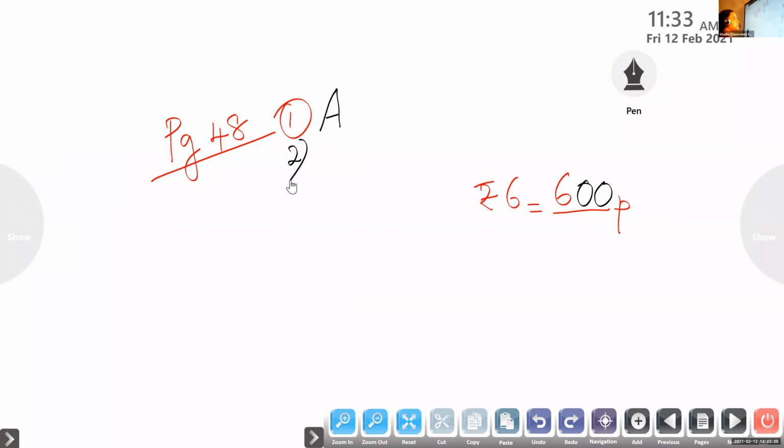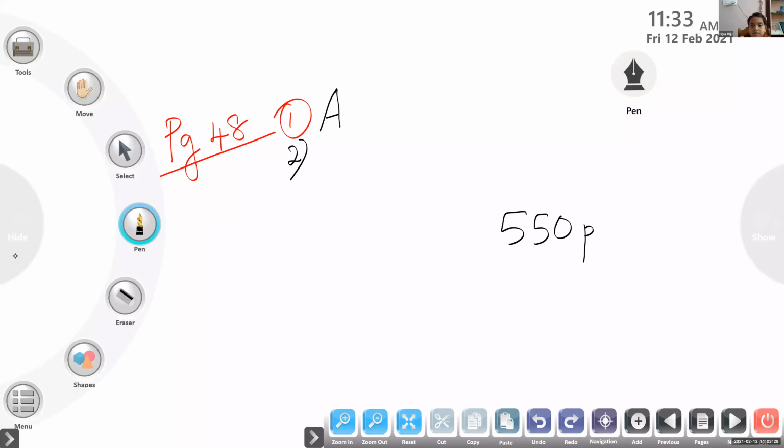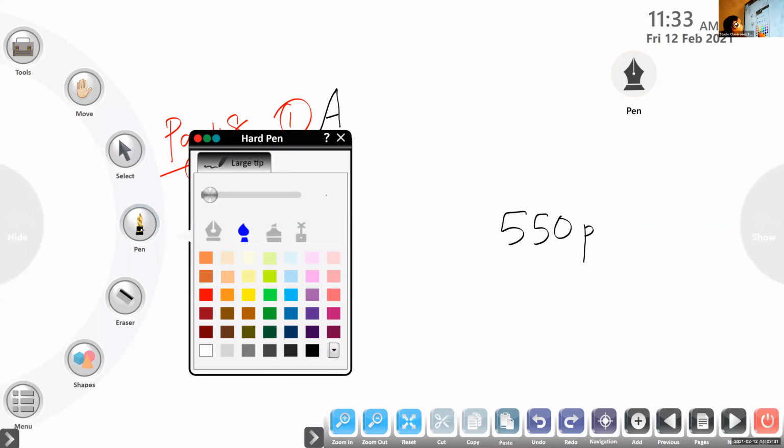See, some audio is not clear, so I will call another person. So if your audio is not proper, I will call another one. Okay. Dia, can you read question number 2? Yes, ma'am. Question number 2. 550 paise is equal to 5.50 rupees. So children, look here.